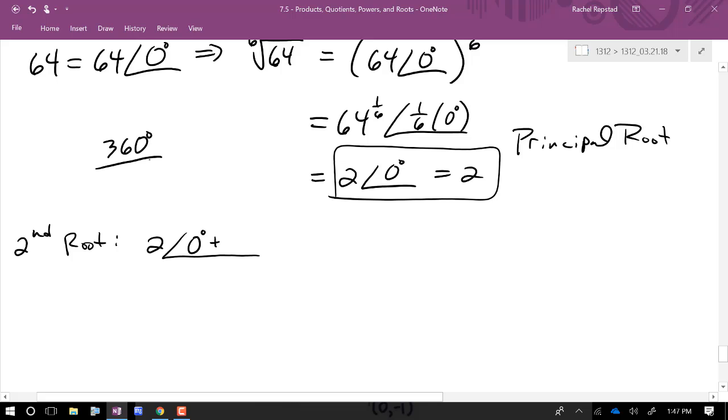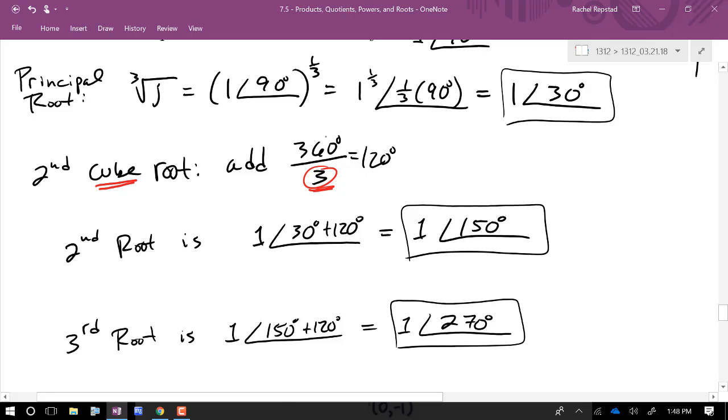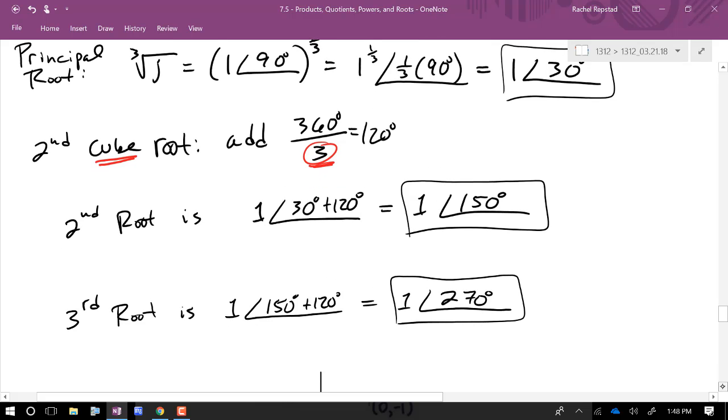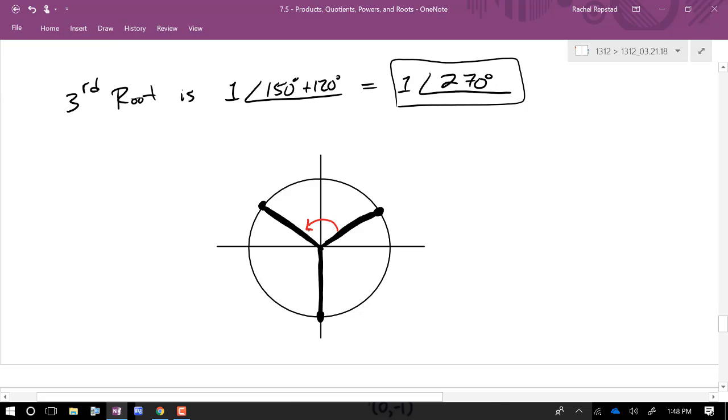You take the whole circle and divide it up by the number of roots. That's how far apart those roots are spaced around the circle, in this case the circle of radius 2. Like before, when we took 360 and divided by 3, we got 120. That tells us how far apart angle-wise these roots are. Each of these is 120 degrees.